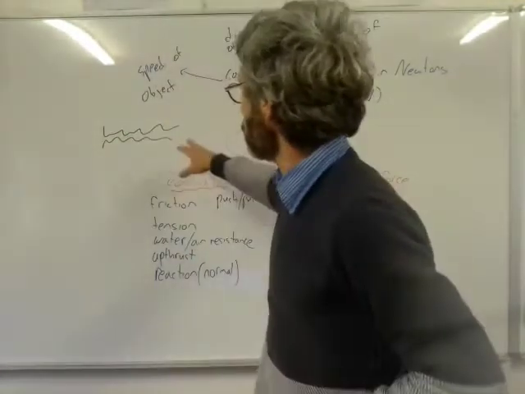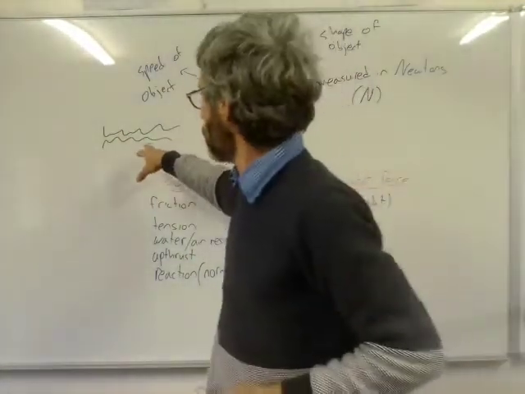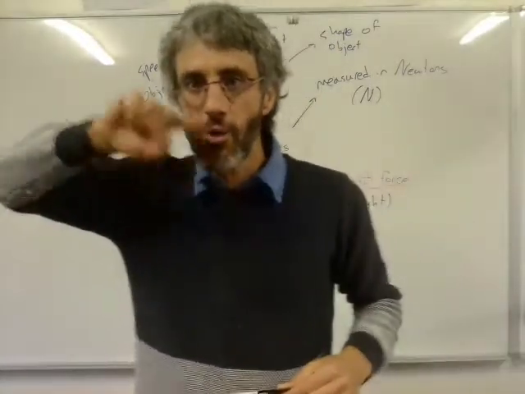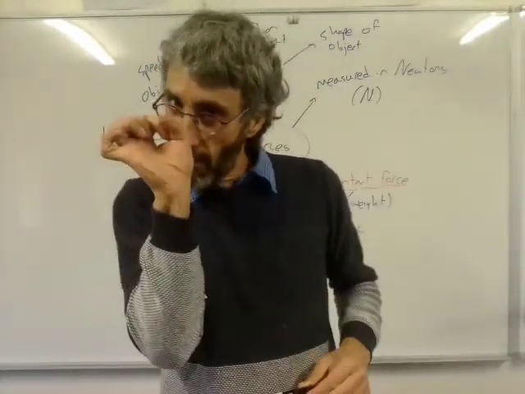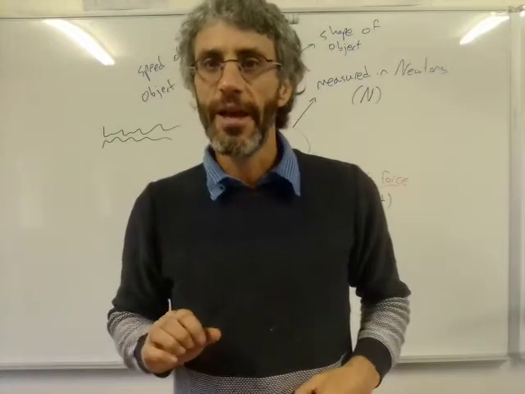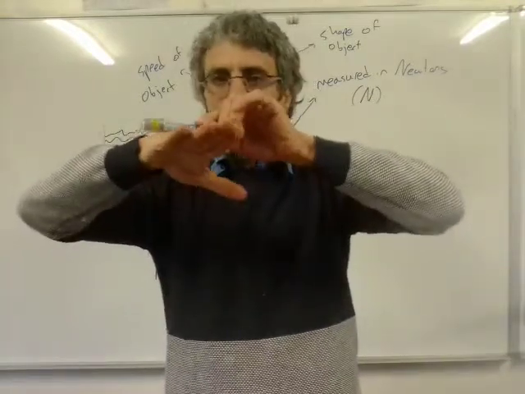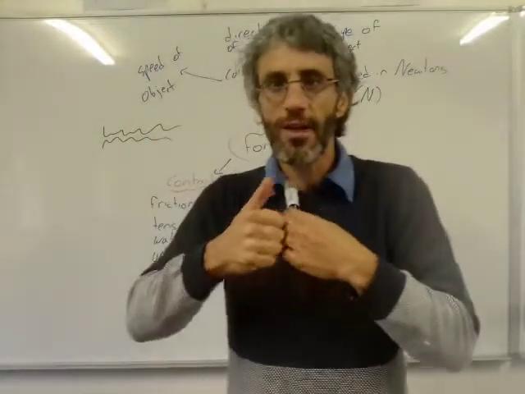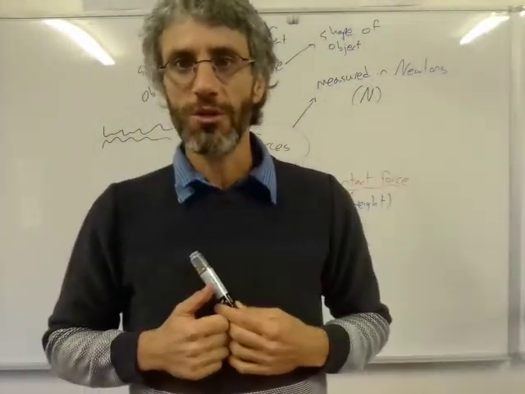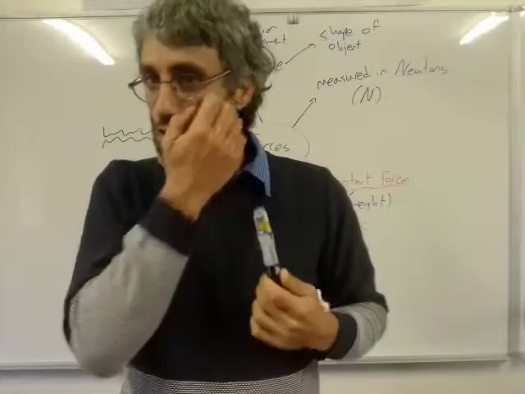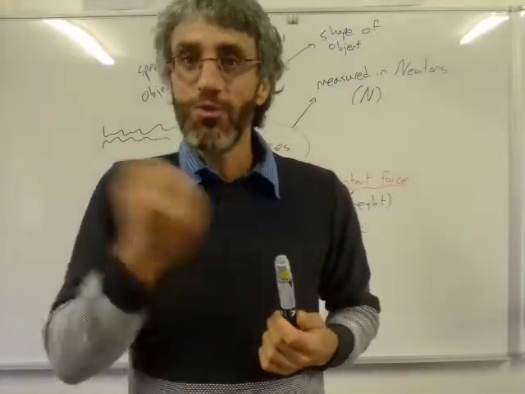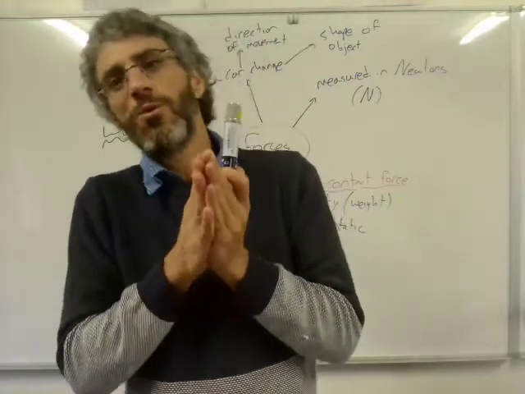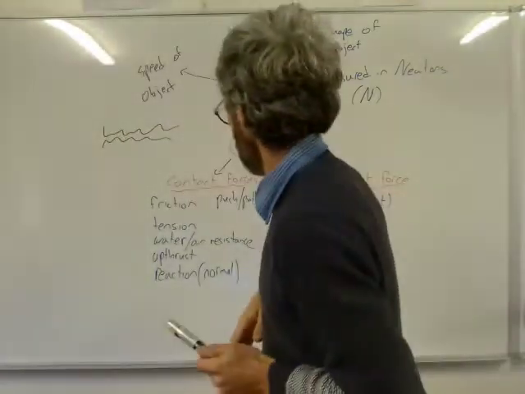But I'm sure you understand, or you believe me, that if we look in the microscope, you will see that it's not smooth and it's actually quite bumpy. And that's on the microscopic level. Now when these bumpy surfaces slide against each other, they bump against each other, and that's what causes friction. They collide with each other. So friction is the force that resists motion between two objects.